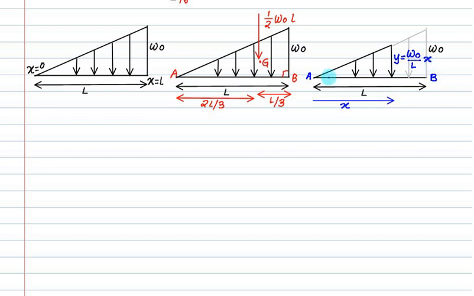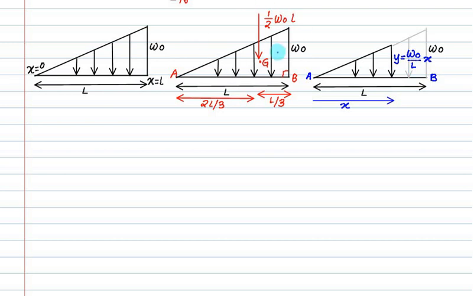At point A, x is equal to 0, so the load is 0. At point B, the value of x is equal to L, so W0 by L into L is equal to W0. So at any distance x from point A, the intensity of the load is W0 divided by L multiplied by x. Using this one, we can find out the reaction.